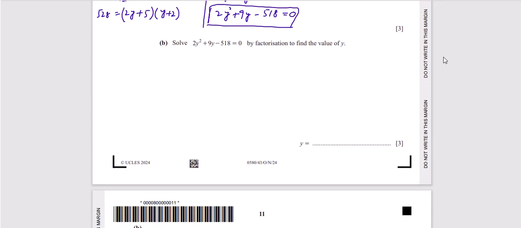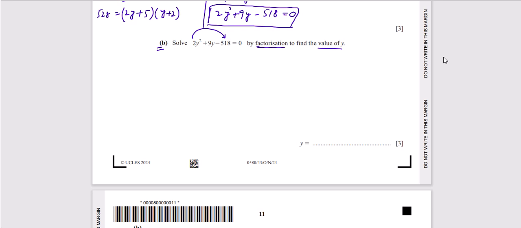Part B. Solve 2y square plus 9y minus 518 is equal to 0 by factorization method. Find the value of y. So first of all, we multiply 2 with 518.